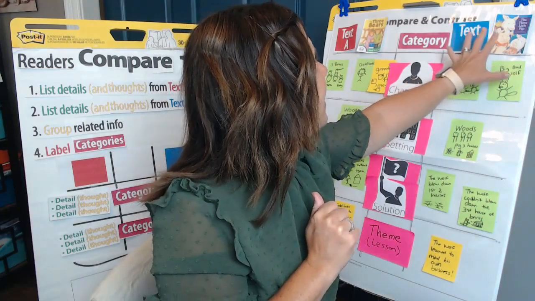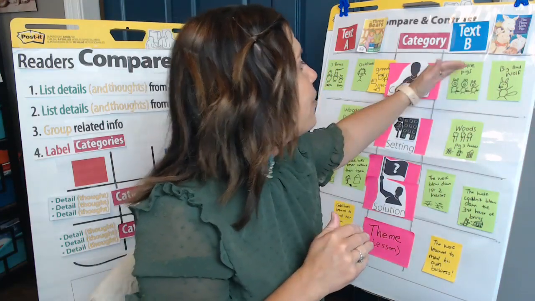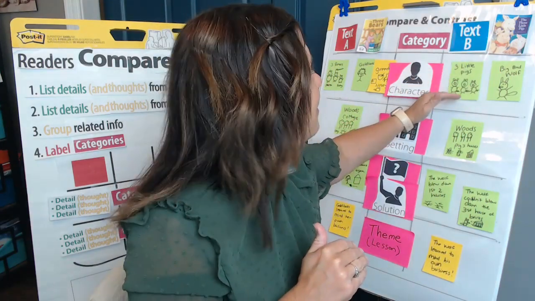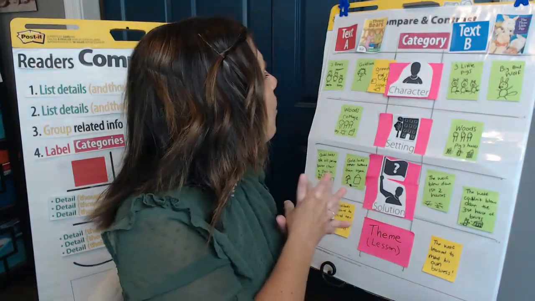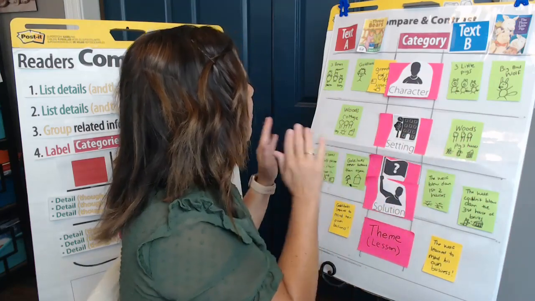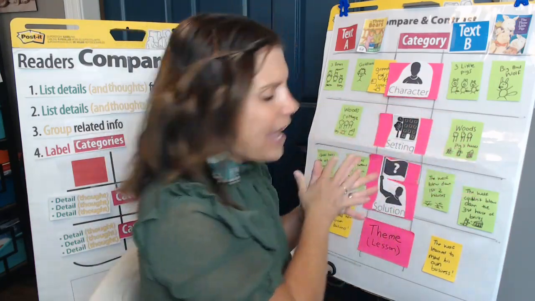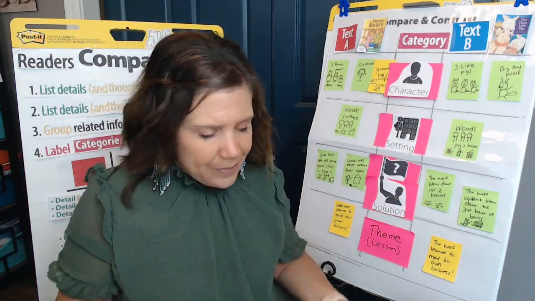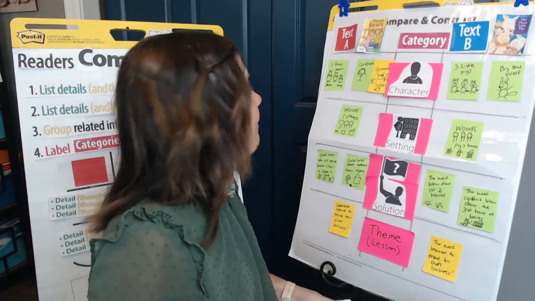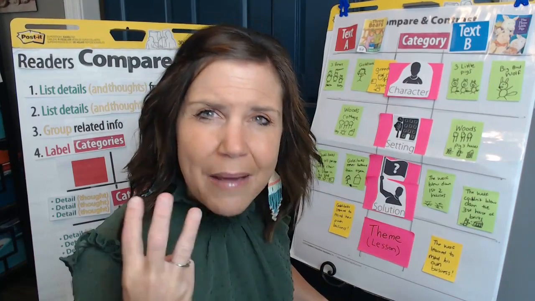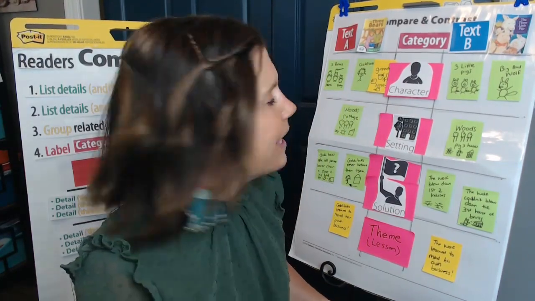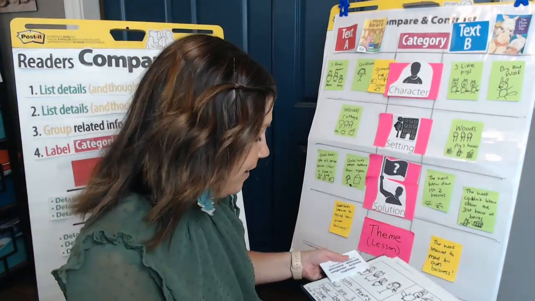And then over on text B, the Three Little Pigs, they had three pigs, and they were brothers, right? Three pigs, and they had a big bad wolf. When I look at that row and I want to see how they're the same and how they're different, I think about how they both have animals, and they both have three animals, three bears and three pigs, right? And they're all family, right?